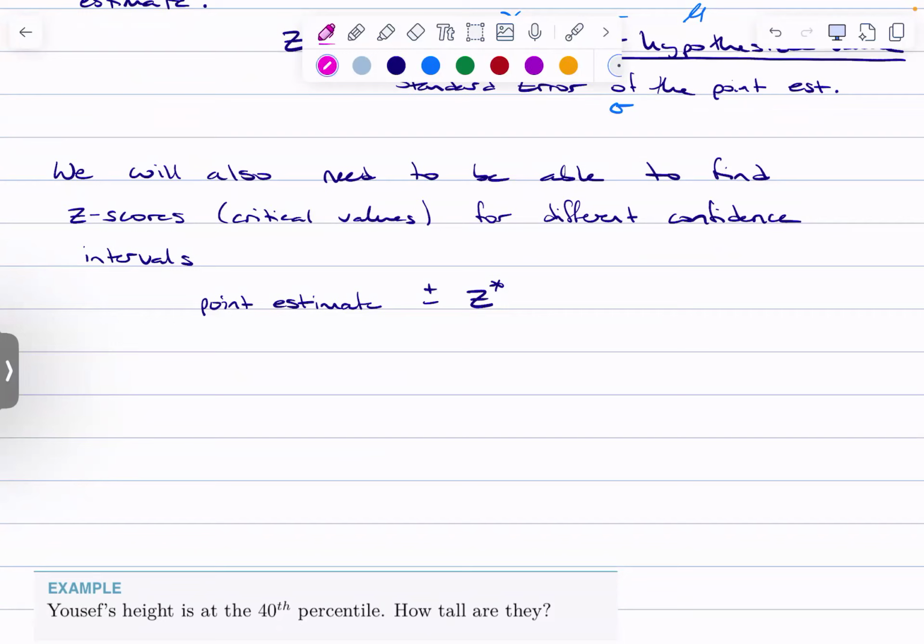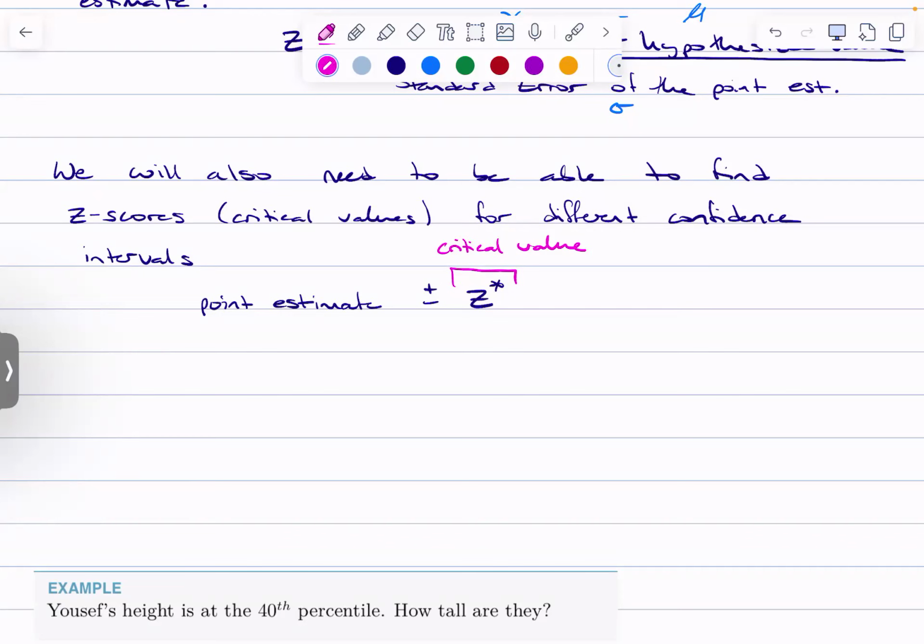The Z star indicates that it's a critical value. That changes to a T star later, but the critical value aspect stays the same.